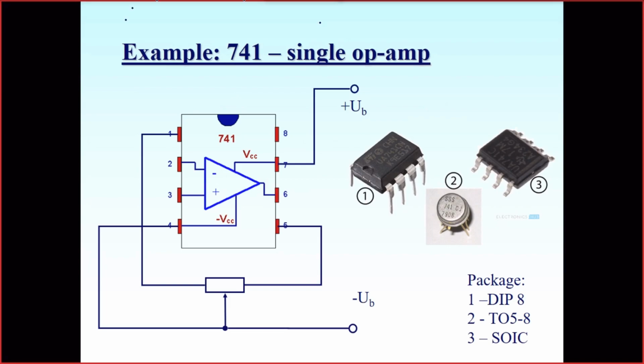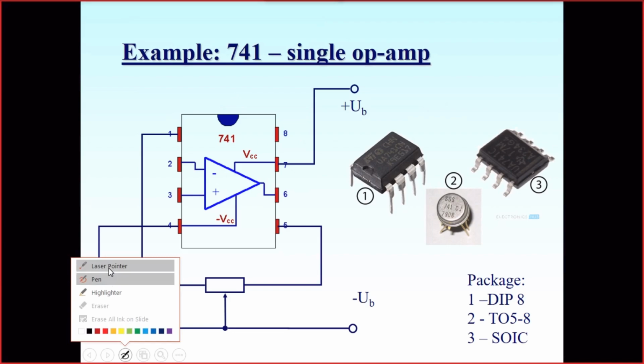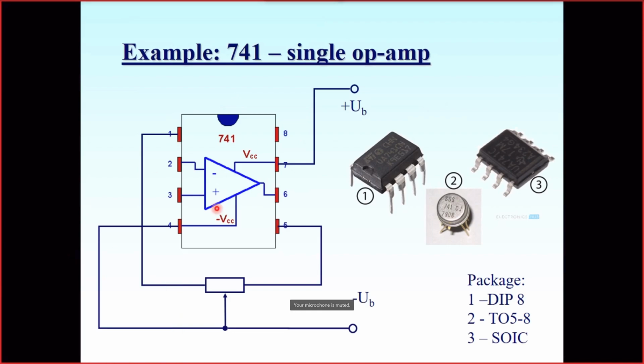Such a single chip, the 741, has two special pins, pins 1 and 5, although it's not necessary that they are 1 and 5, maybe 1 and 8 and so on. These are special pins meant for balancing the amplifier.